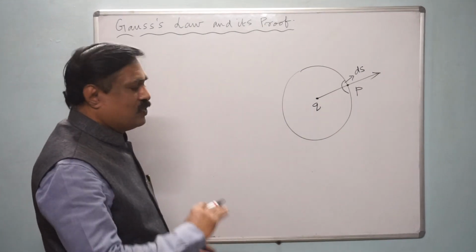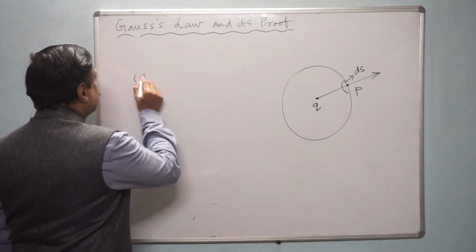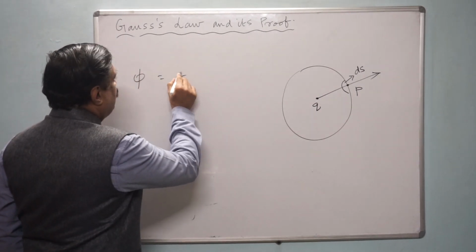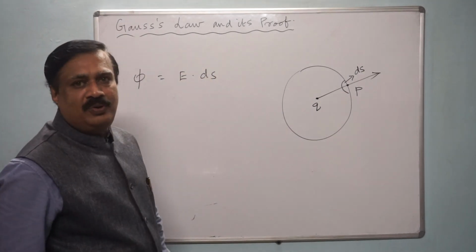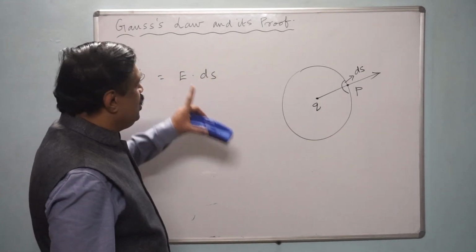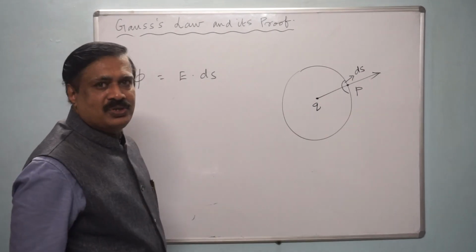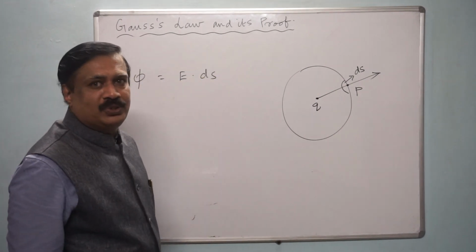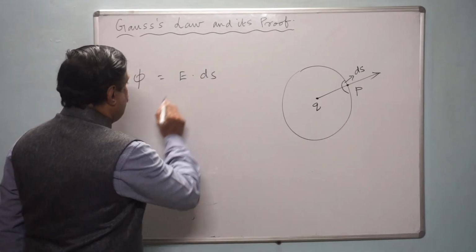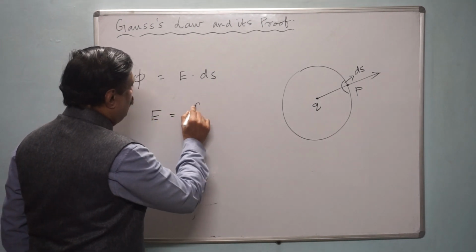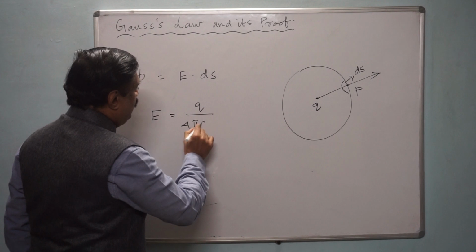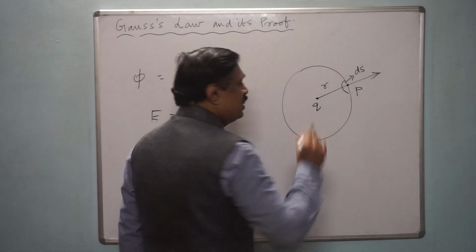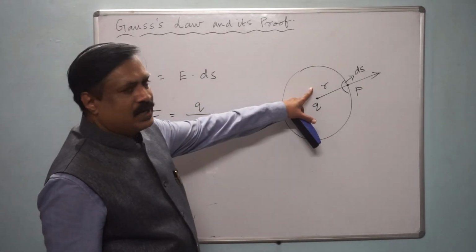Now the electric flux phi, what is the formula? E into ds. Now E equal to what and ds equal to what? That is what we are going to calculate, and you can put the unit vector also. Now E equals, as you already know, q by 4 pi epsilon 0 r squared, if r is the radius of the sphere.